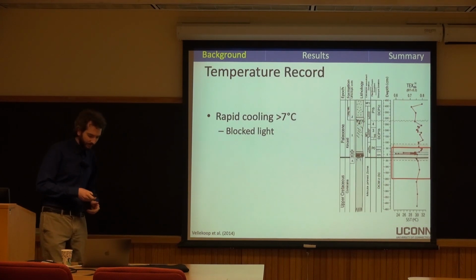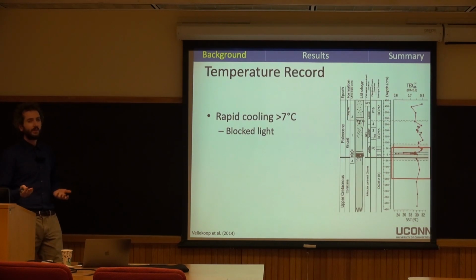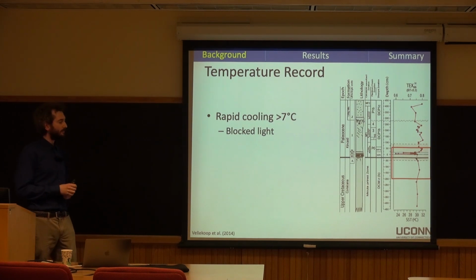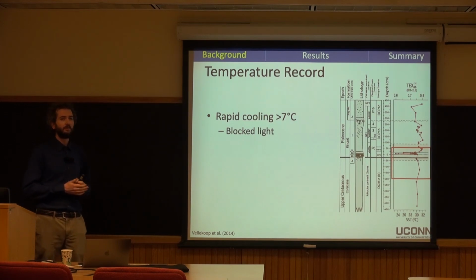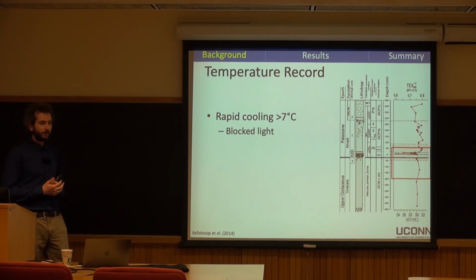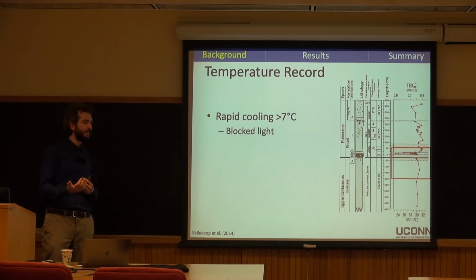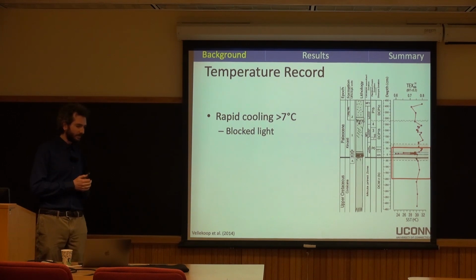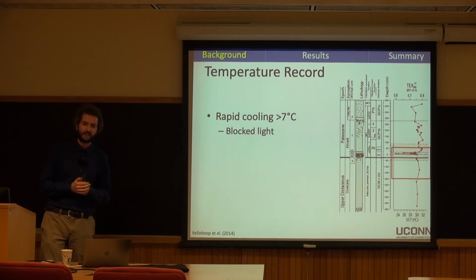All right. Unfortunately, there aren't very many records that really capture this event. Even though it's hypothesized that it would have been a very extreme climate perturbation for many different reasons, it was also fairly abrupt. So there really aren't many proxies out there that can have that type of temporal resolution, especially this far back in time.